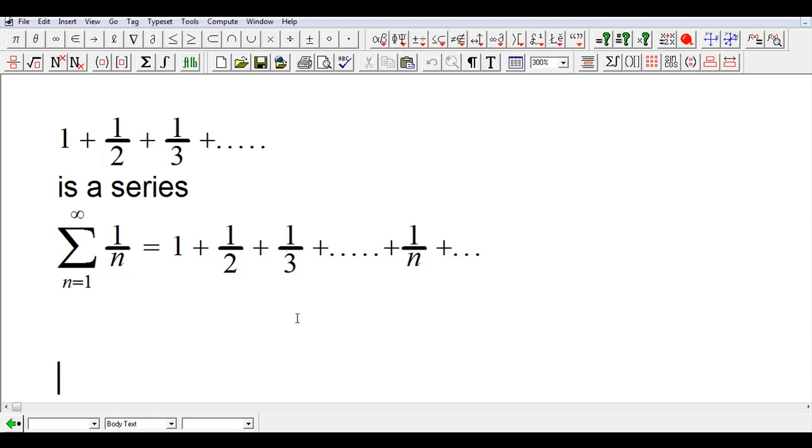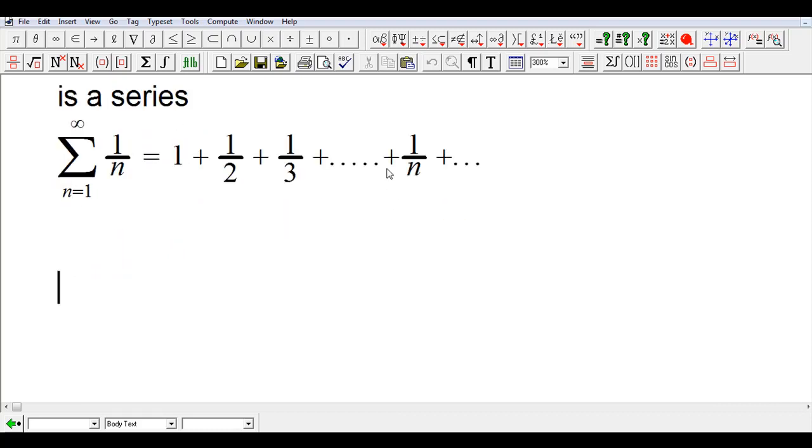Isn't that the question? If it does, we'll call it a convergent series. If we cannot, then we'll say the series is not a convergent series. Fair enough?